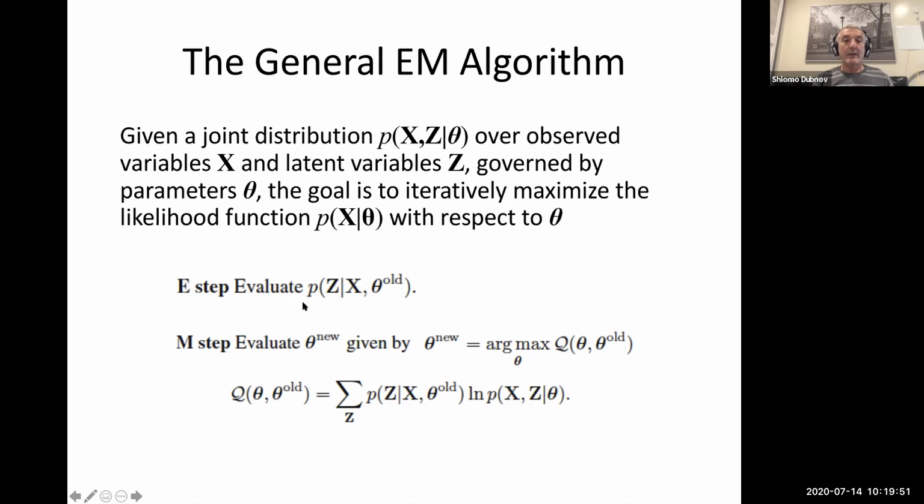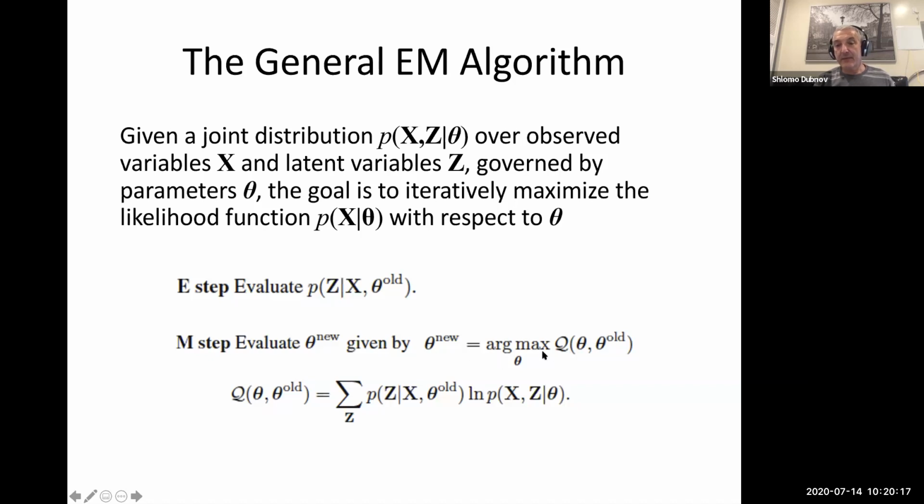And then once we have this, now we can write this new expression. We have this posterior distribution. We have this joint model that we defined. Now we can average over all the possible clusters. We get a new function, and now we can update the other parameter theta, given that we had an old theta.